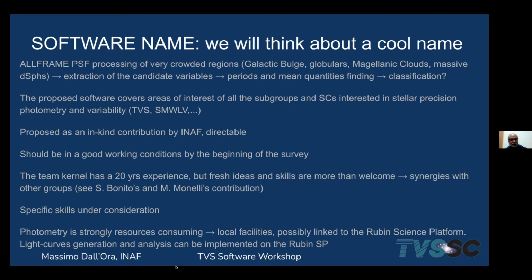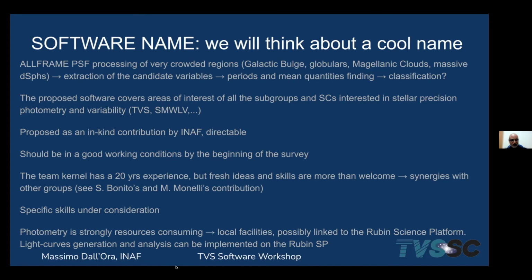And I think the proposed software covers areas which are of most interest to all the subgroups and science collaborations, mainly TVS and Stars, Milky Way, and Local Volume. It is part of the Italian INAF Institute in-kind contribution, and this is directable. And it should be in good working condition by the beginning of the survey.